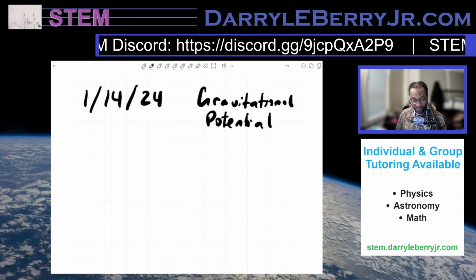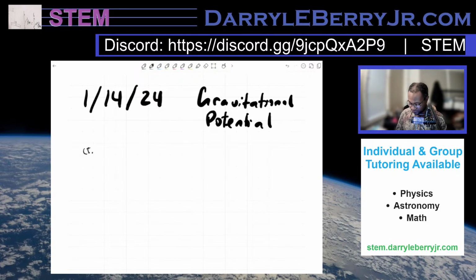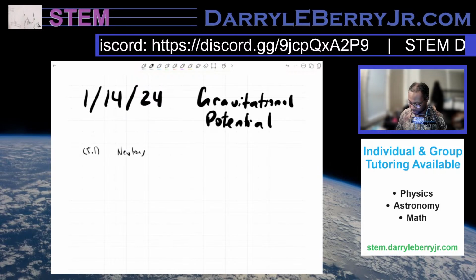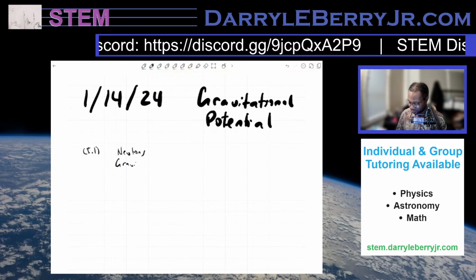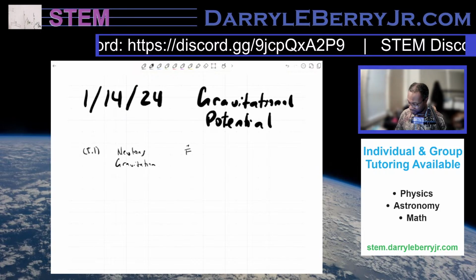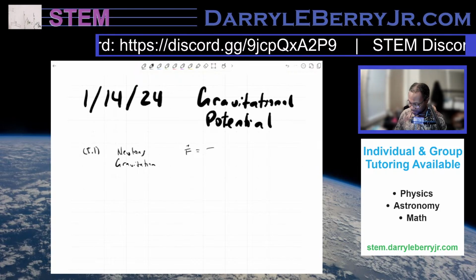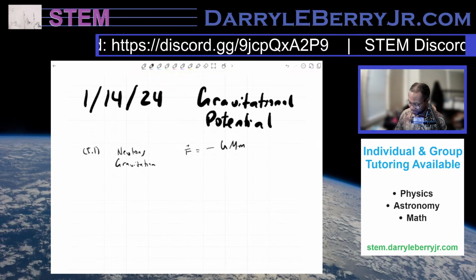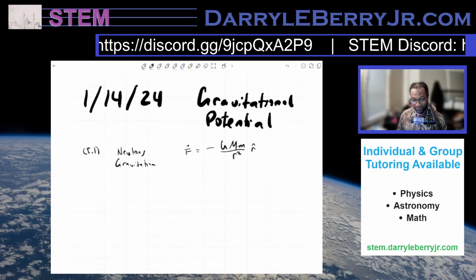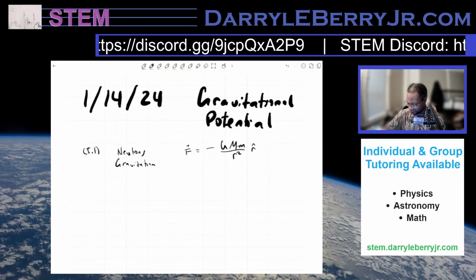We start with what they call equation 5.1, Newton's law of universal gravitation. F equals negative G M m over r squared, and it's a vector force.